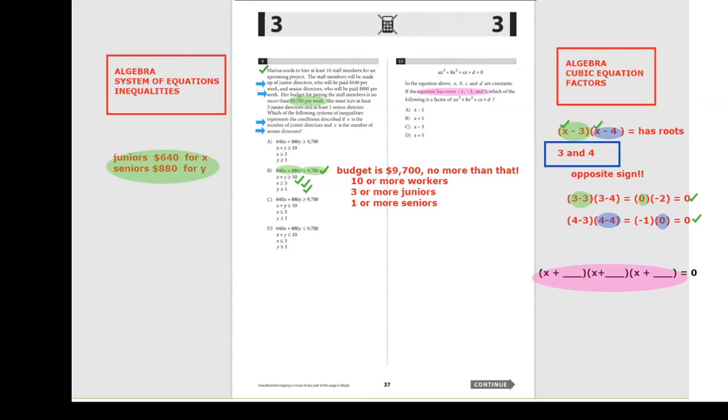And here we go. And there we have it. That would be the factored form. So this is the first factor, that's the second factor, and the third factor.